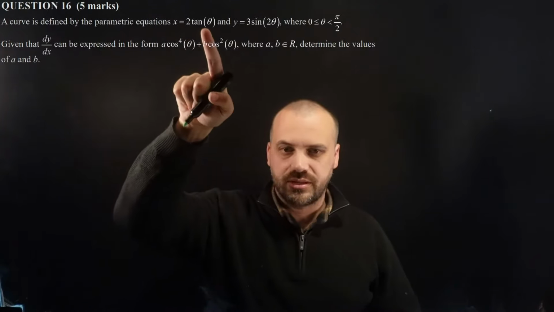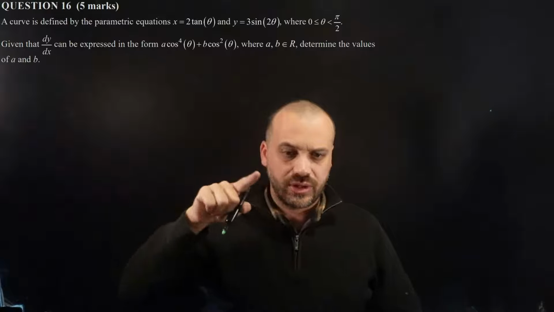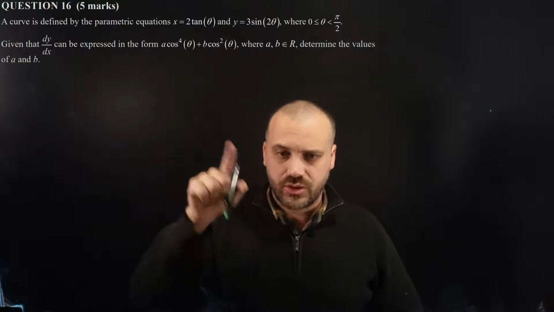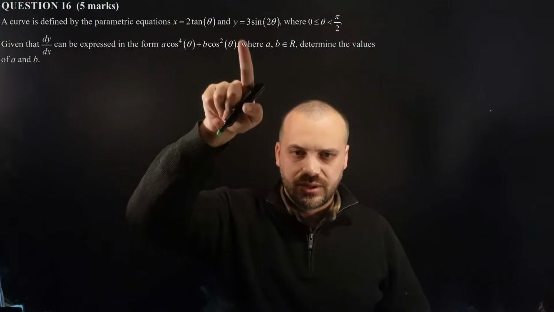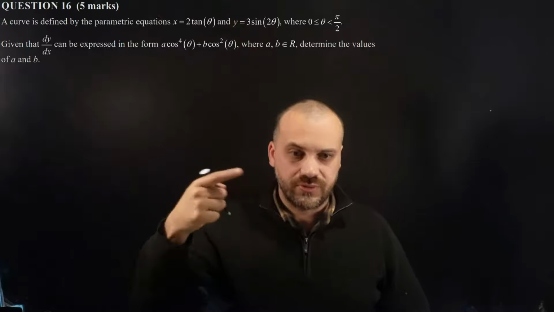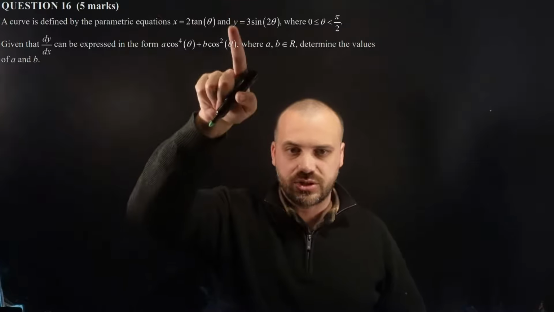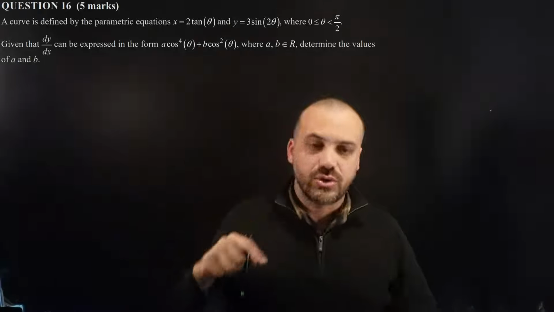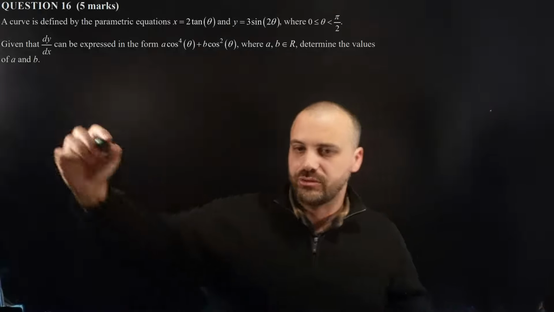X equals 2 tan theta. Now that's not an equation in terms of x and y, it's an equation in terms of x and theta. This one here, it's not an equation in terms of y and x, it's an equation in terms of y and theta. So we should be thinking related rates.